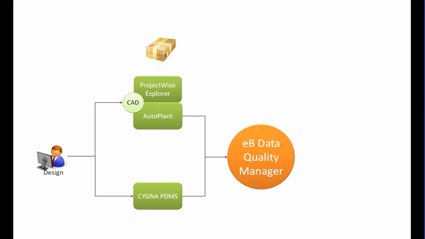What we've also produced in the ProjectWise Explorer tool is a mechanism where a designer engineer can create a package of drawings. And typically, in previous processes, this package of drawings would go straight to a reviewer for approval. Well, it takes a pit stop now on the way to the approver. It stops basically at the EB Data Quality Manager where an asset health report is produced for the approver to review.